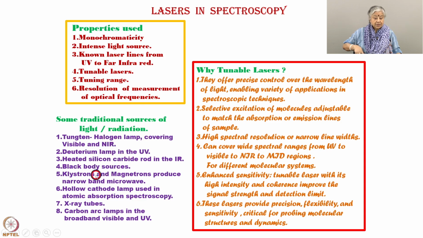But the hollow cathode lamp is still being used in many spectroscopic studies, because it is very difficult to place a laser there or place the laser beam into your sample. So you have to use something like these hollow cathode lamps. These are not discarded fully, but their use has become less and less as more and more lasers with wider tunability are coming into the picture.